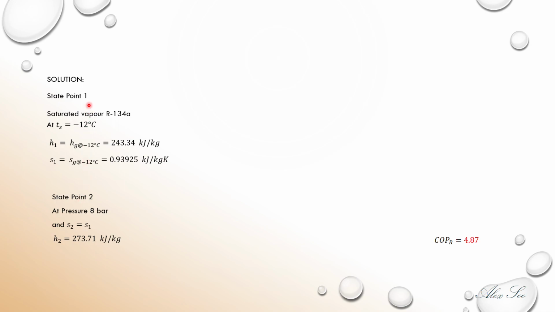We start from point 1 because it is dry saturated, then point 2, then point 3, where the refrigerant is a saturated liquid. So h3 equals hf at the pressure of 8 bar, and you'll find 95.48 kilojoules per kg.